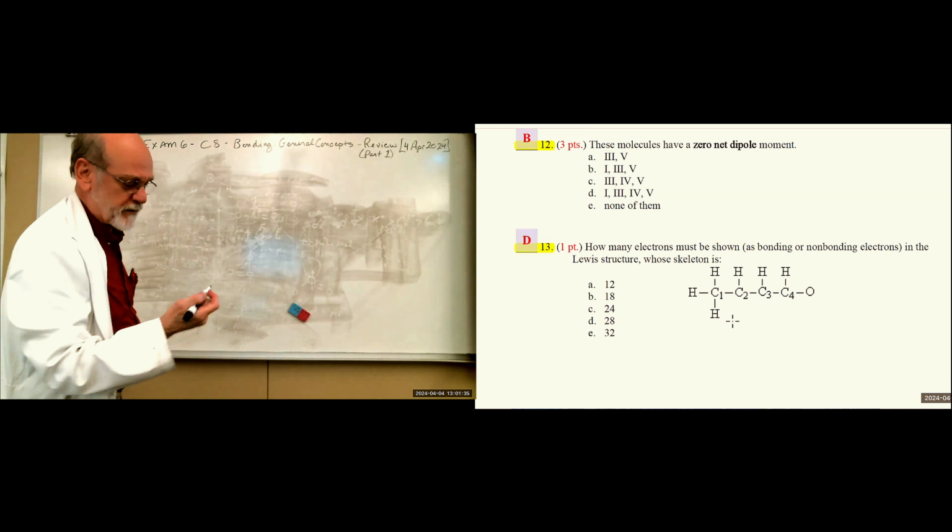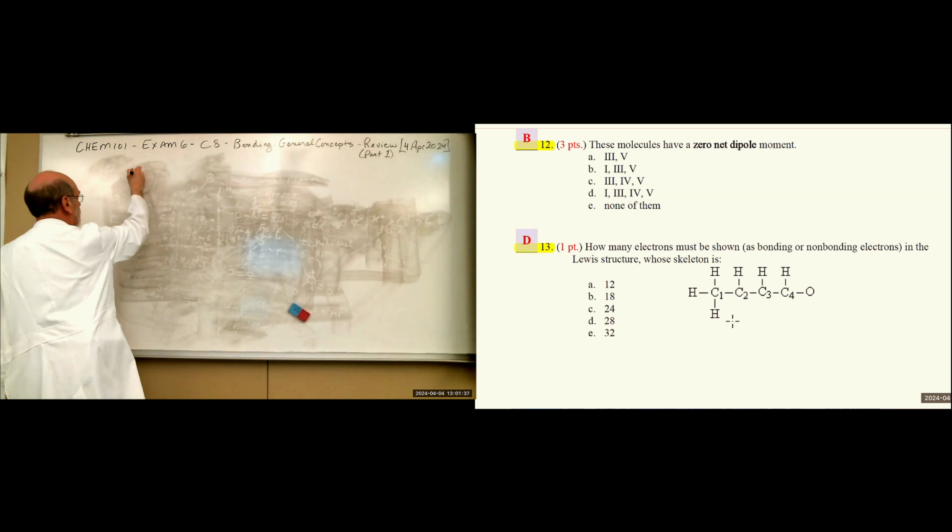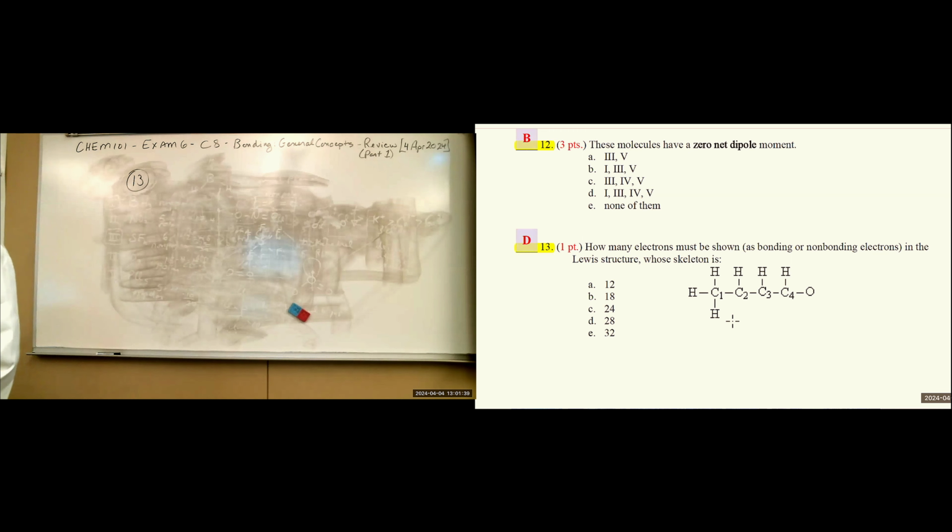All right, number 13. Let me see how many I marked off. So once we get halfway, seems like it'd be fair. Let's see, that's 5. And 9, 10, 11.